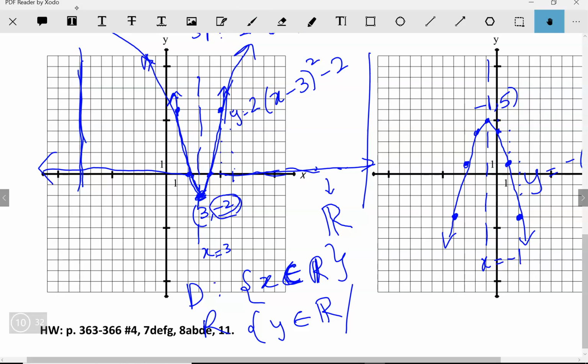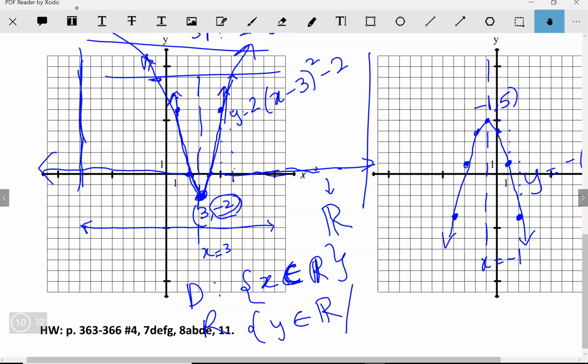Because if you draw a y value like here, it touches the graph at a certain number of points. But the graph will never touch the y equals -5 line. Why? Because y equals -2 is the minimum value.